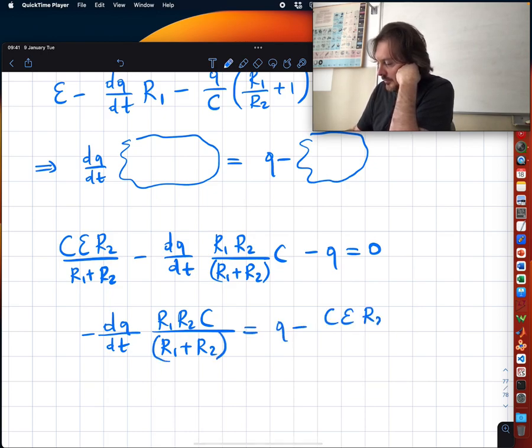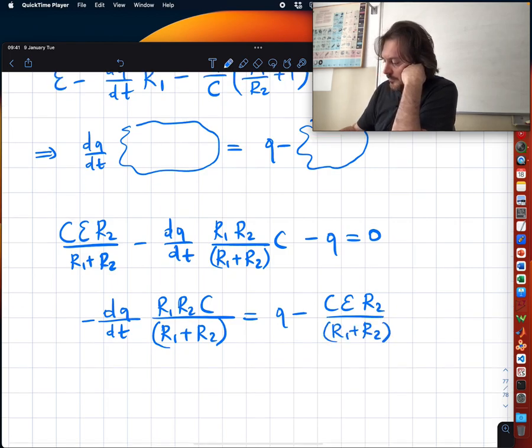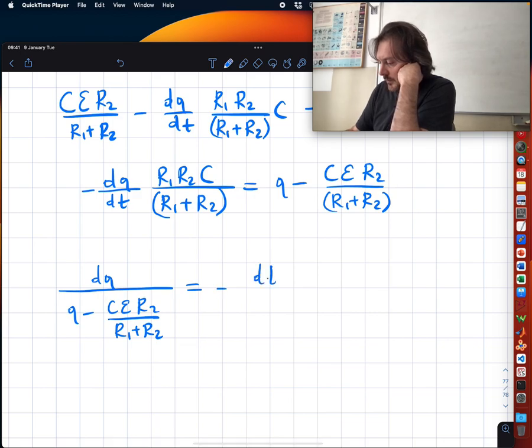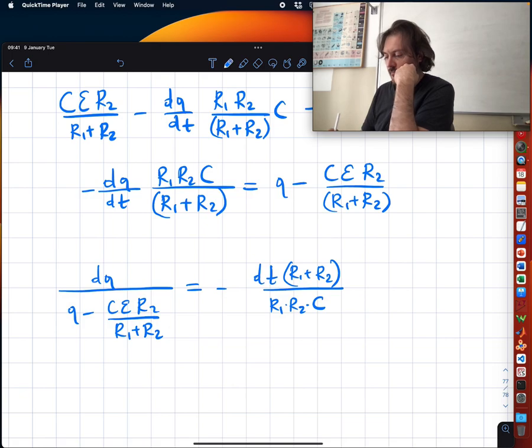CE R2 over R1 plus R2. So I will bring down the right hand side. It will be Q minus CE R2 over R1 plus R2 equals minus dt times R1 plus R2 over R1 times R2 times C. Okay?